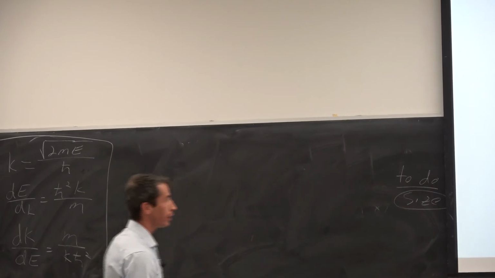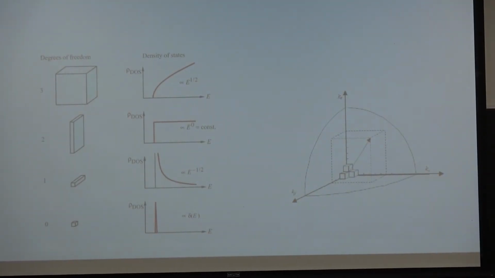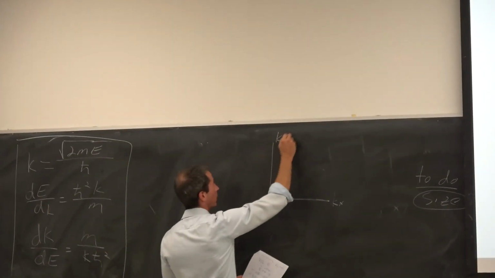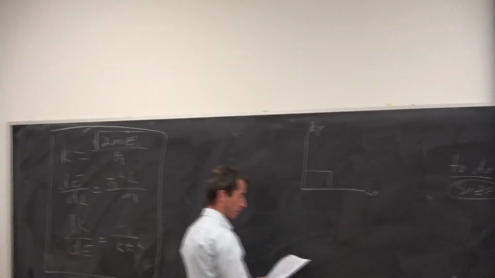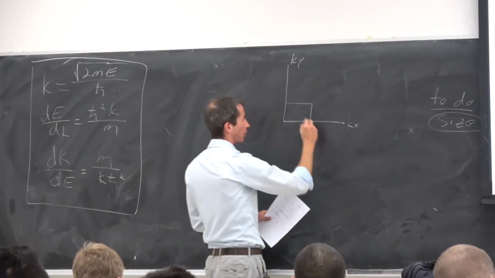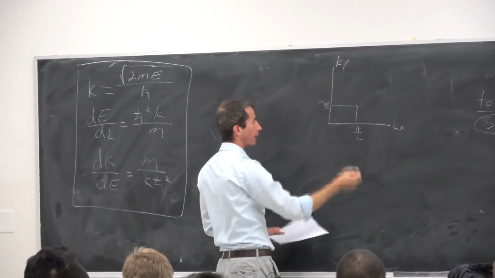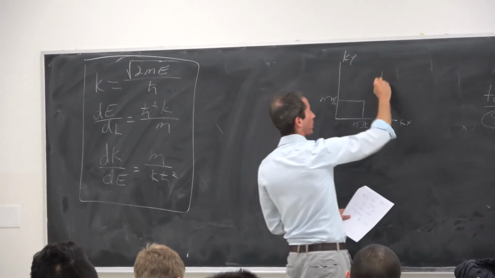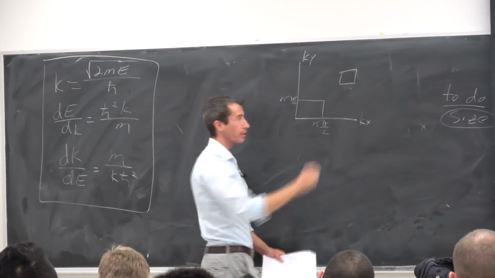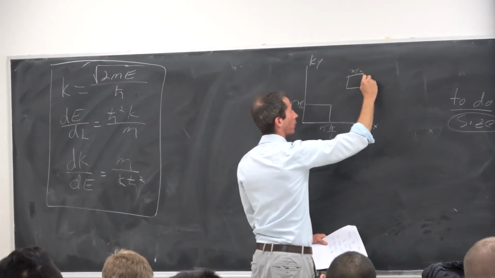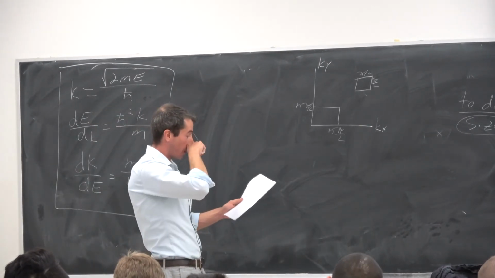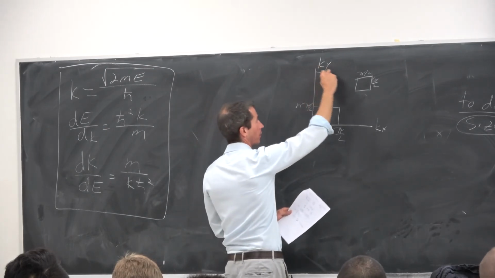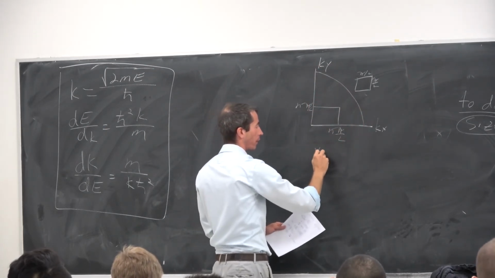So if we were to repeat this for a 2D system, now our life's getting a lot easier. We have just kx and ky, and the area is now pi over L, pi over L. Again, there's an n here, so we could come up here and draw this one. But again, this is still pi over L and pi over L. Okay? And so the number of states is 1/4 of the area of a circle.